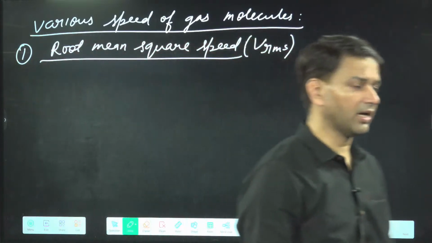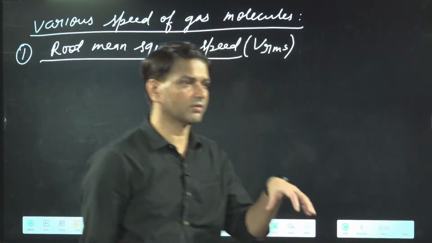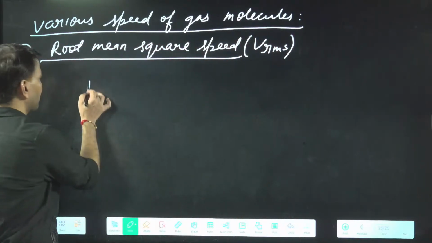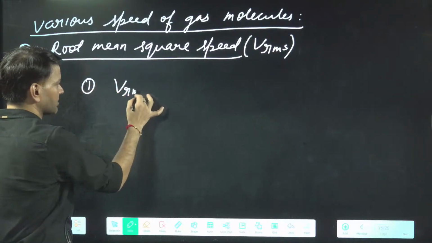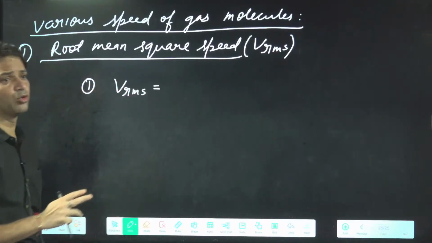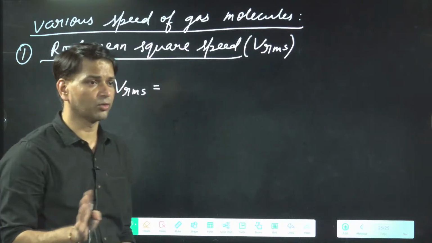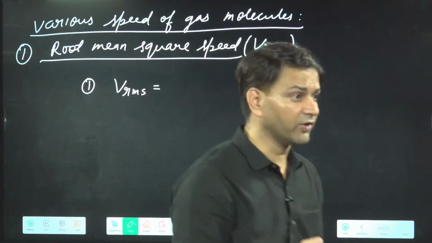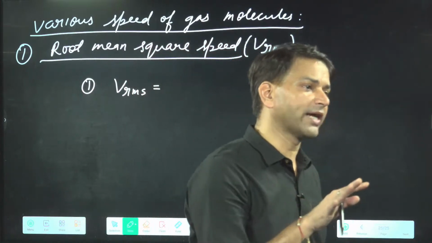So one type of question they can ask is the basic definition of RMS speed. What is the meaning of RMS speed? We know that VRMS is the root of mean square, that is root of 3RT by M, which we use when they are talking about a gas.